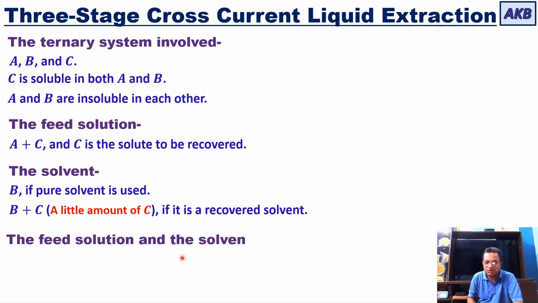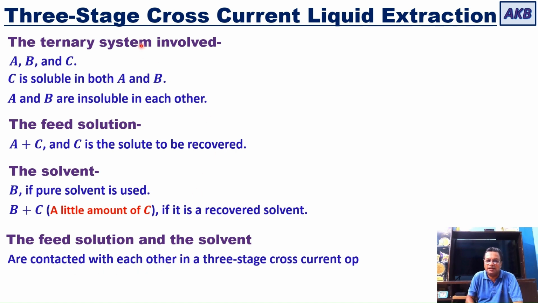Then the feed solution and the solvent are contacted with each other in a 3-stage cross-current liquid extraction operation. Again, you can carry it out batch-wise or in a continuous manner.